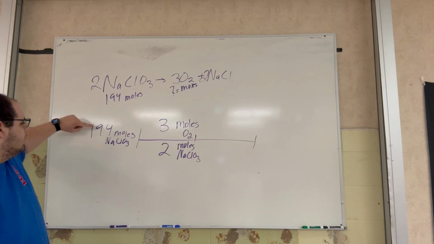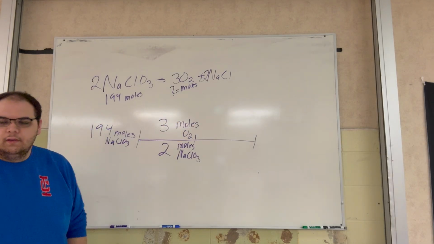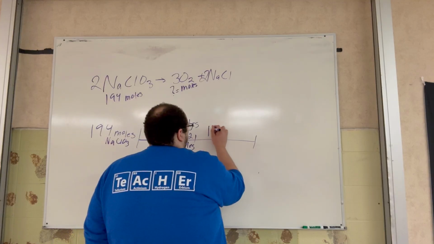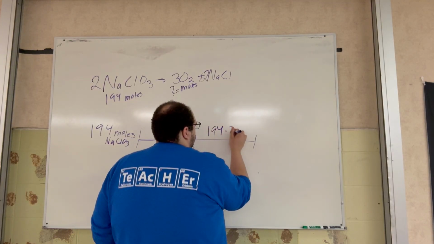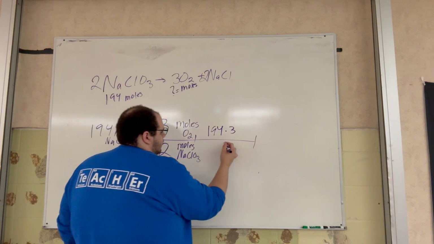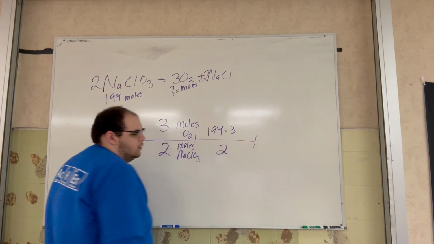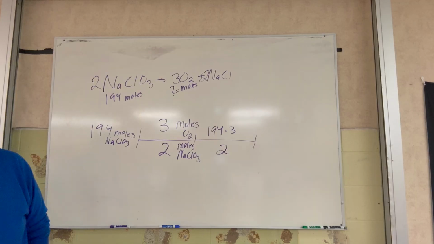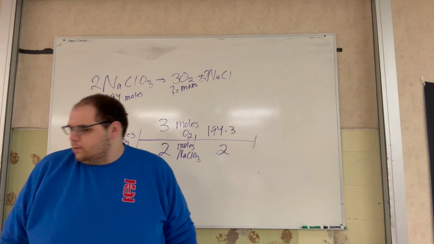You're going to multiply everything across the top. So in this case, we'll have 194 times 3. Then you're going to multiply everything on the bottom. In this case, it's just a 2 by itself. Punch that in your calculator and tell me what you get.